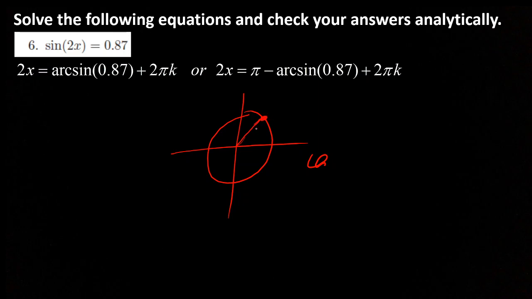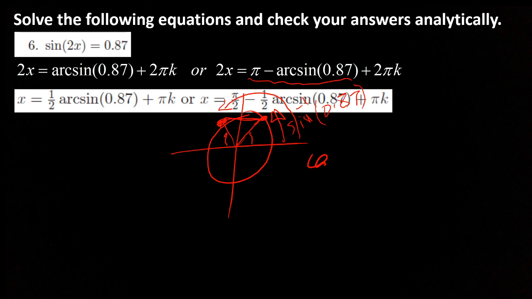But we know there's another one that has the same sine and would be on this side right here. So this one is sine inverse 0.87, or arcsine 0.87. Now what's the other one right here? Well, we know these two angles are the same, so that bigger angle would be pi minus this, and that's what you get here, pi minus. So we got two angles. We got that one and the pi minus, and then divide by 2 and we get the solution.